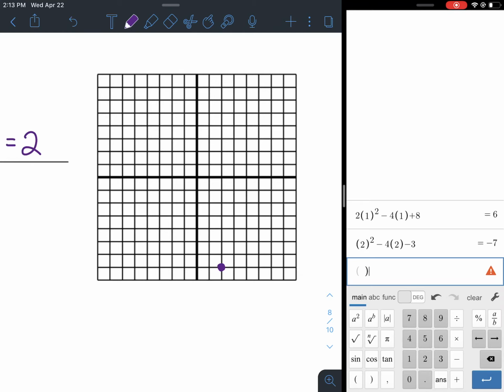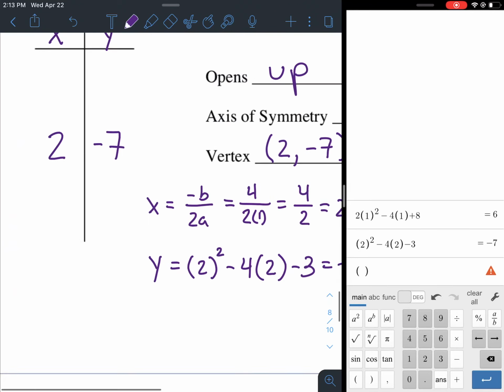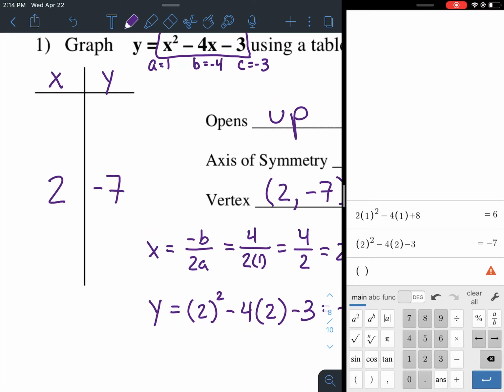What I want to find are 2 points over here on the left side, 2 points over here on the right side. So the way we do that is I think about what two numbers, like on a number line, would be to the left of 2, and what two numbers would be to the right of 2. If I think about a number line and the number 2, the first number to the left is 1.